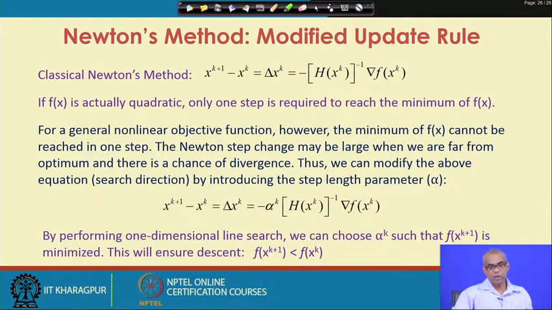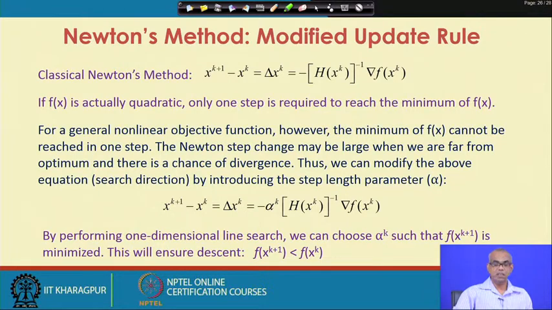By performing one dimensional line search, we can choose alpha k such that f of x k plus 1 is minimized. Again, remember the one dimensional line search method. If we do this, it will ensure that you are moving in a descent direction.